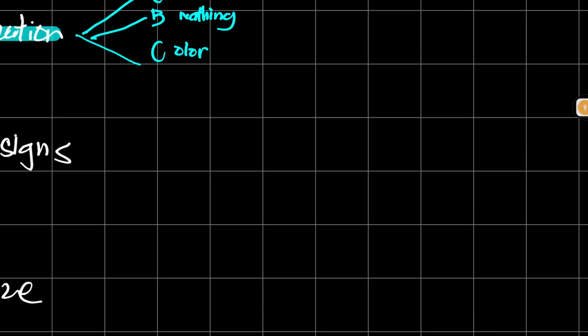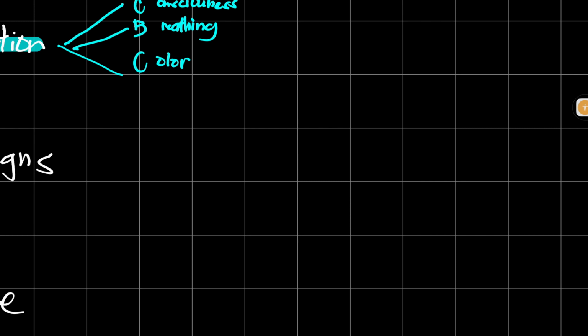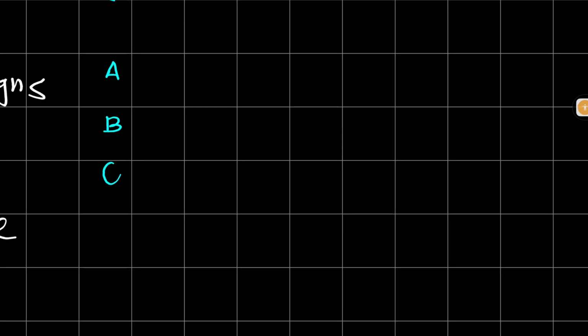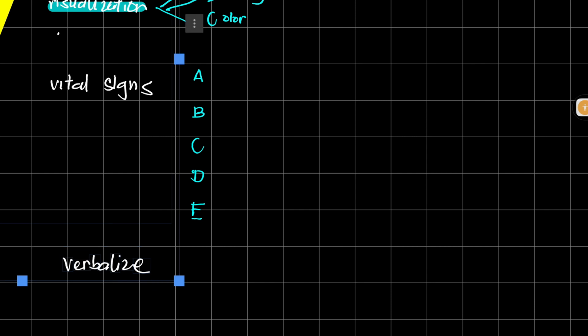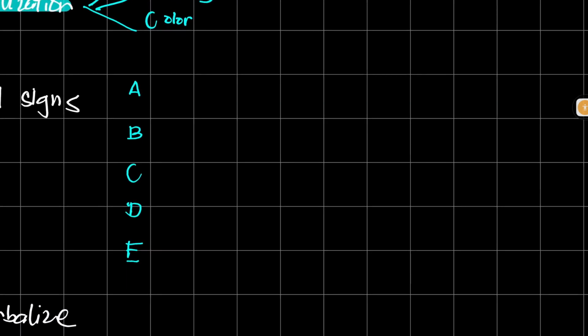Vital signs, which involves your A, B, C, D, E. Let's go through them one by one. A stands for airway. Airway. B, C, D, E. Okay. Let me move this over here. Okey-doke.